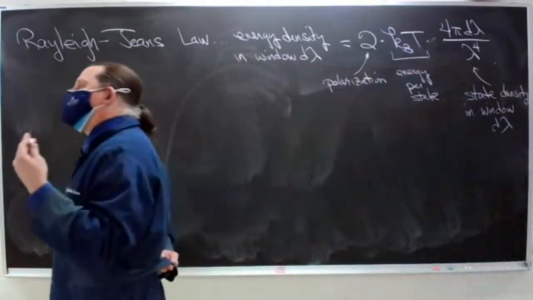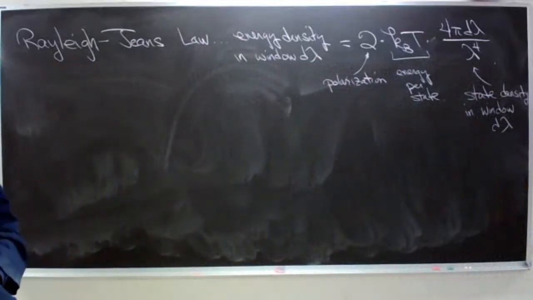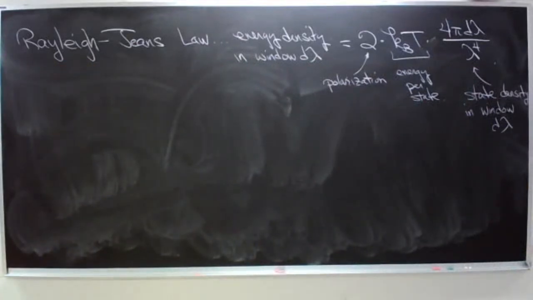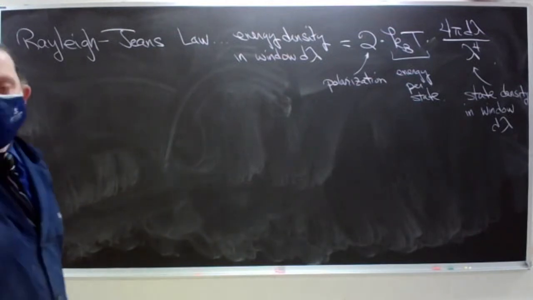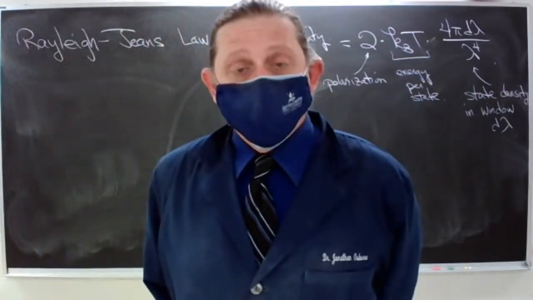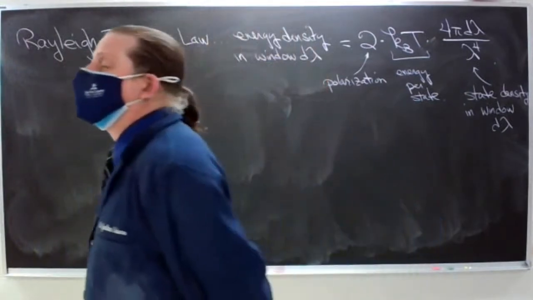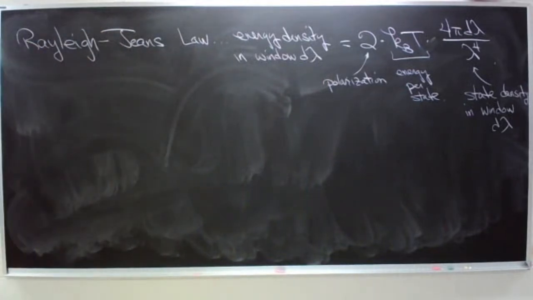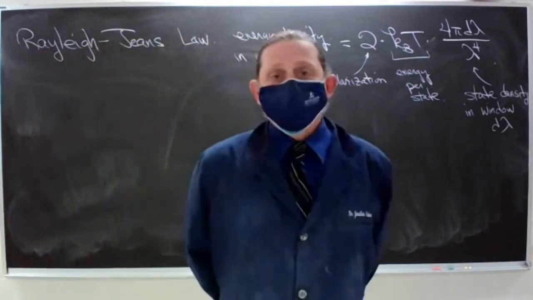This gives us the Rayleigh-Jeans law. We said that this was a problem because the answer to the question, how much energy do electromagnetic waves deserve in thermal equilibrium at temperature T, is obtained by integrating this expression over all wavelengths from 0 to infinity.